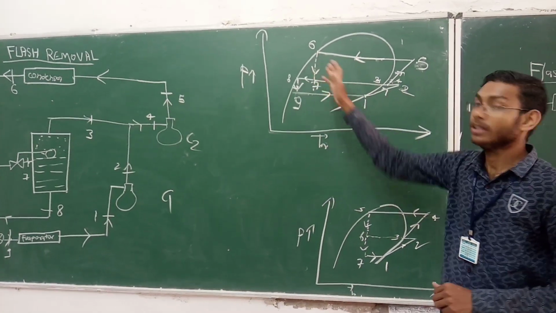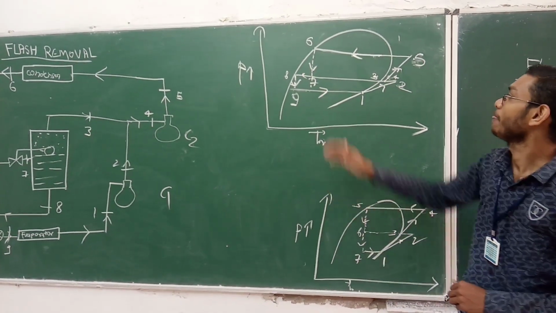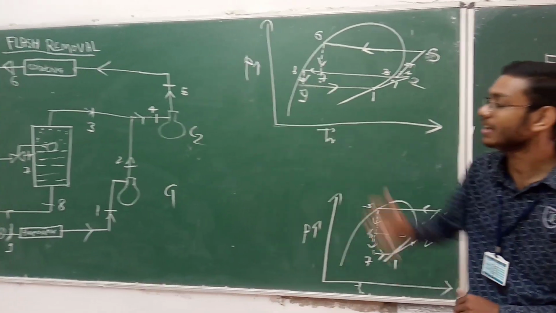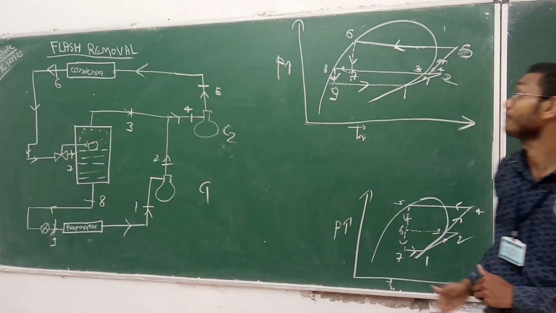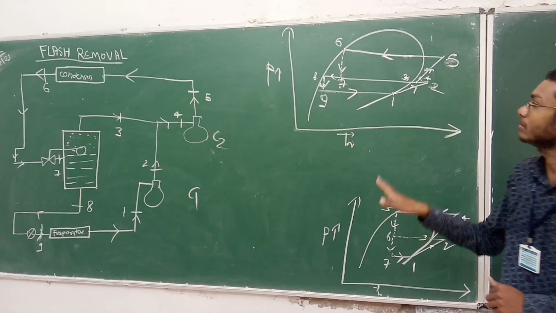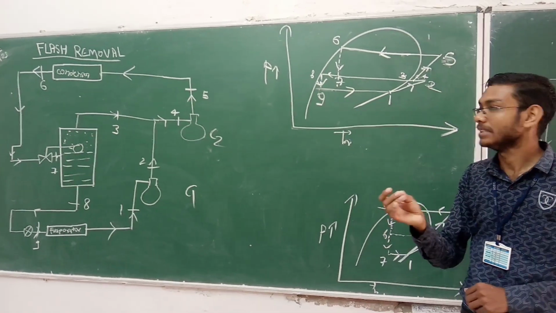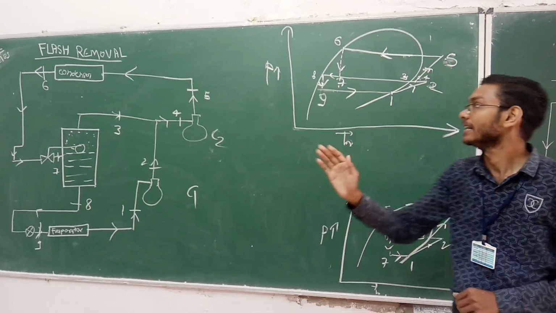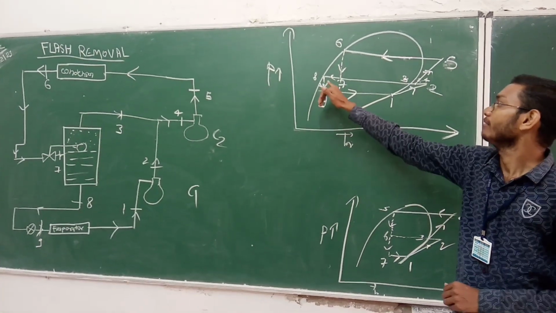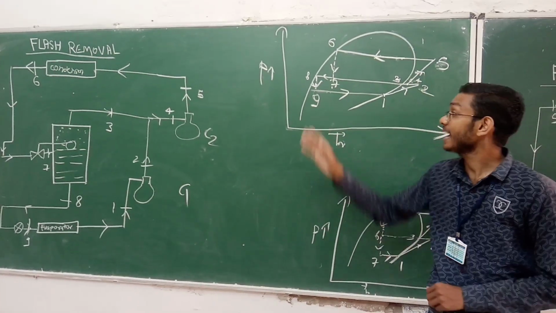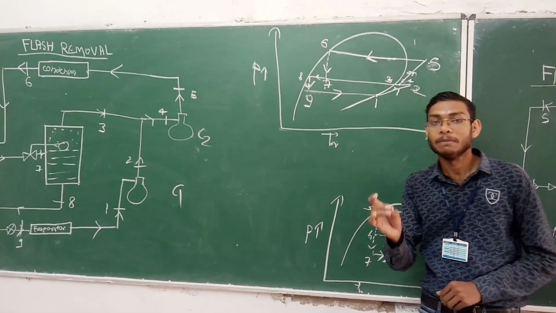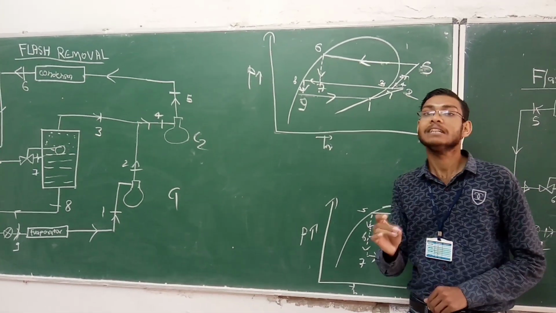Now we lower that pressure with the help of expansion, which is a highly irreversible process. From 6 to 7 we have the expansion valve, and from 7 to 8 we again convert the flash, that is the extra vapor, into liquid state at constant pressure with the help of a valve, and after that we proceed with the expansion process from 8 to 9, which is an isenthalpic expansion process, highly irreversible.